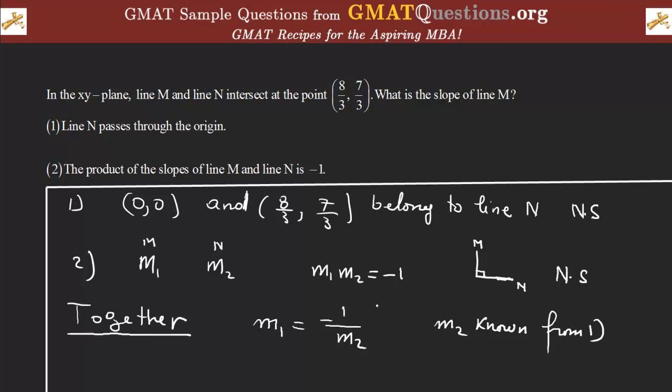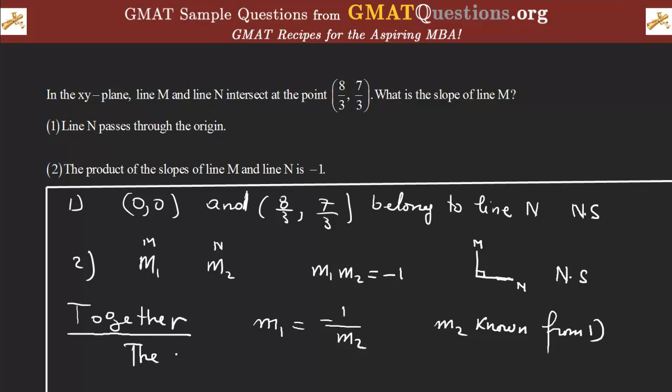M1 would be -1 divided by the value of M2. So it looks like together, effectively, we can find the slope of line M. And so we have enough information to solve the question.